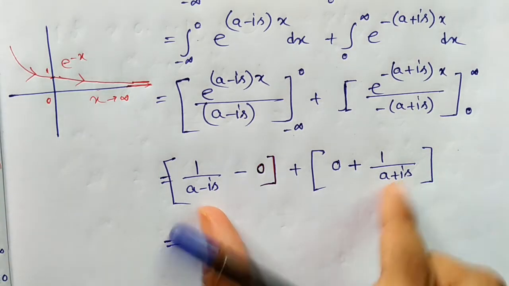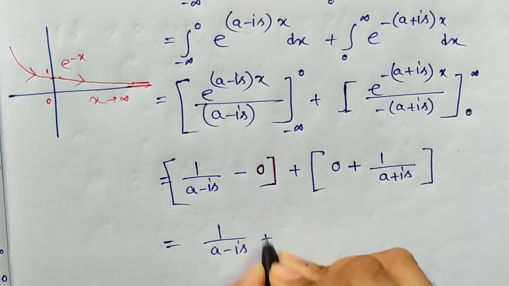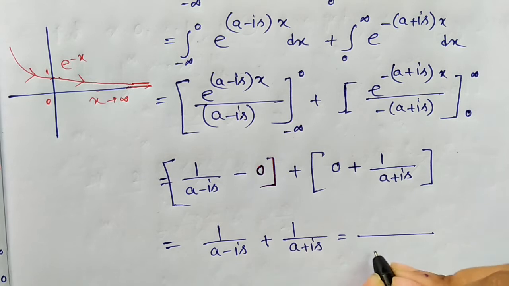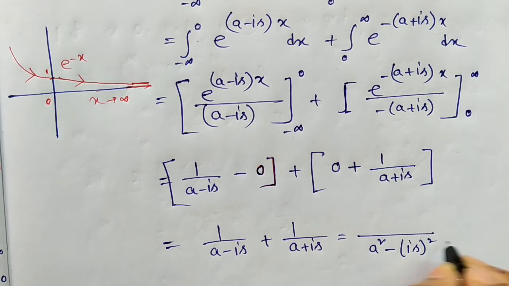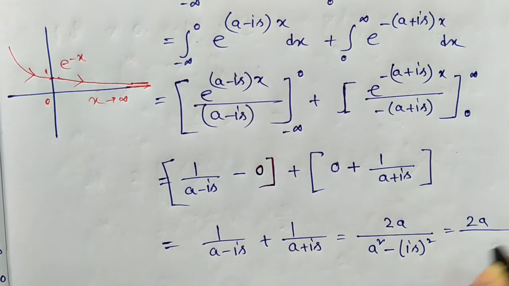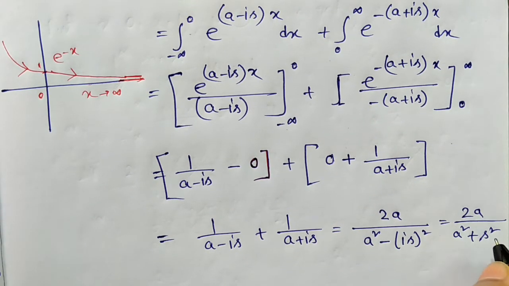Now see these two: this can be written as 2a by a square minus (is) whole square. Now i square means minus 1, so a square plus s square.